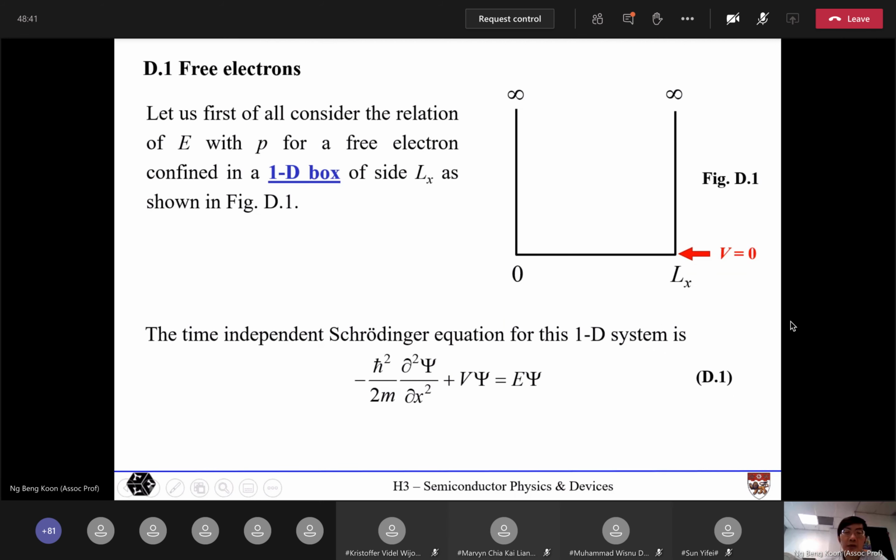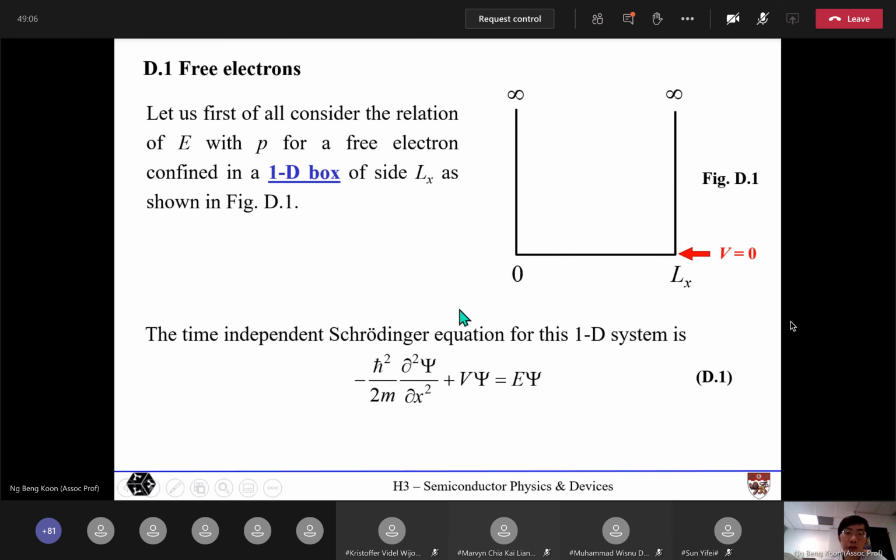So in order to find the E-k relation for a quantum mechanical particle like an electron, remember we have to use the Schrödinger equation. You cannot use Newtonian mechanics anymore, because at that small scale Newton's laws don't work accurately. So we have to use the quantum mechanical Schrödinger equation to solve for this.